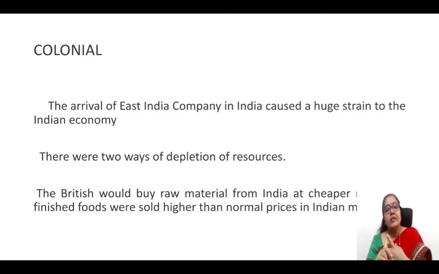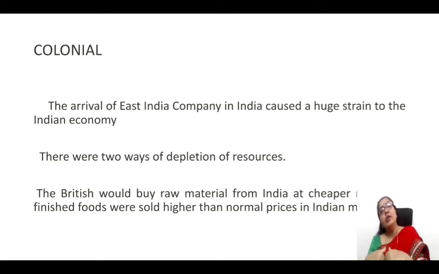One was that the British would buy the raw materials from India for a cheaper price. So we all know India was abundantly rich. We had a lot of natural resources. So those resources were easily available to the East India Company.